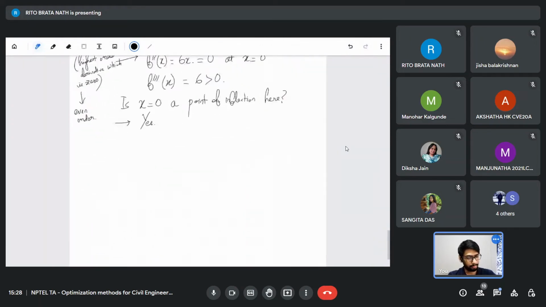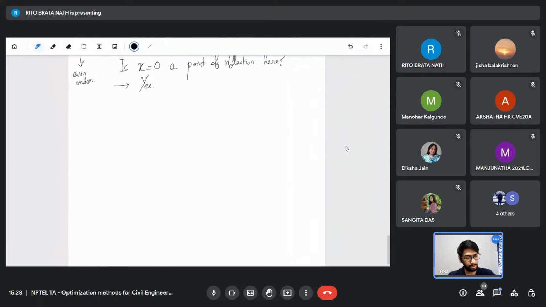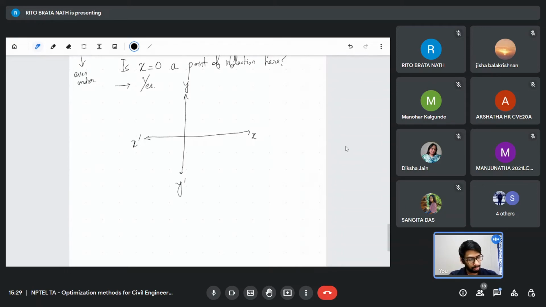But if you want to understand it more graphically, now I need to draw x cube, f(x) equals x cube.